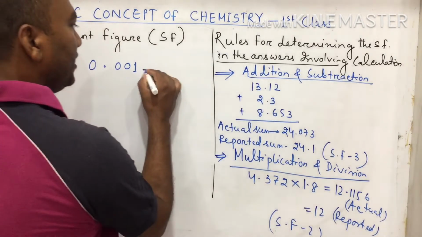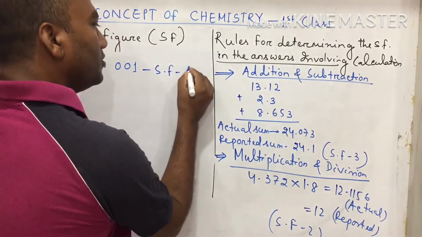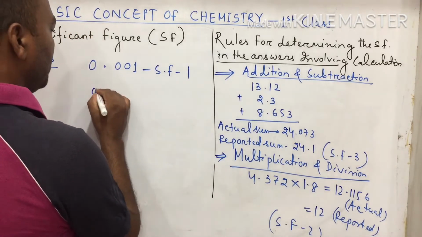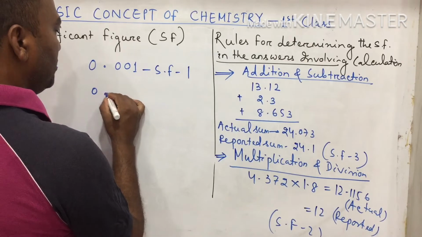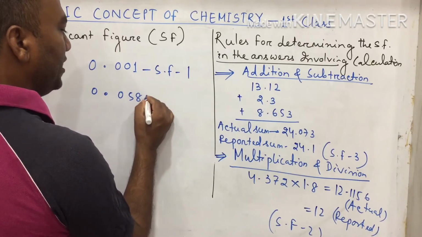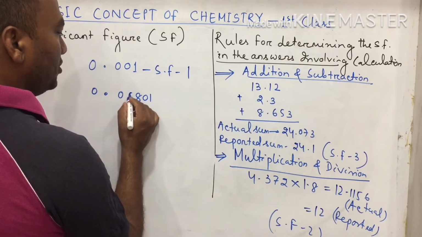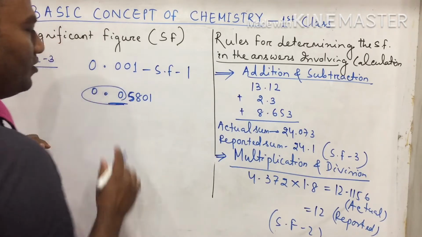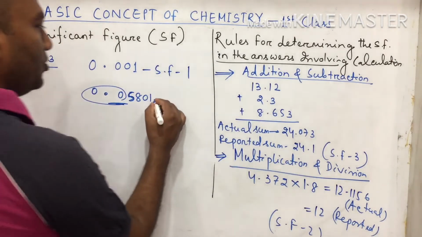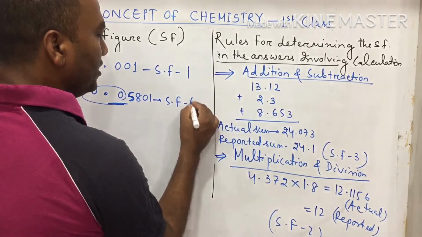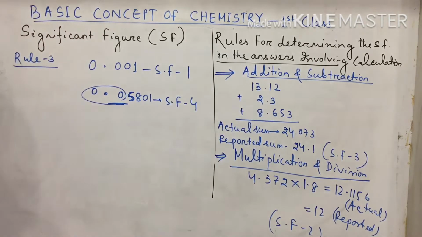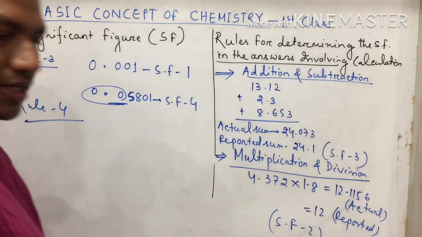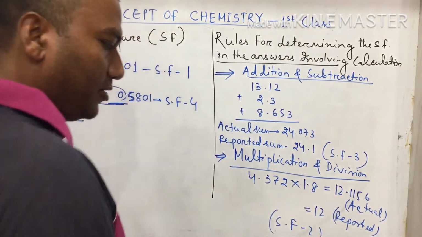That means its significant figure is 1. Clear? Similarly, suppose 0.05801. This is the first non-zero digit, so the zeros before it are not significant. So its significant figure is 4. This is rule 3. Got the idea?